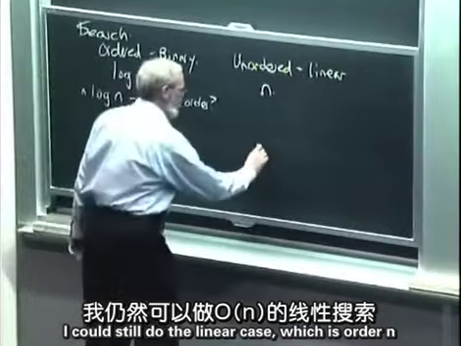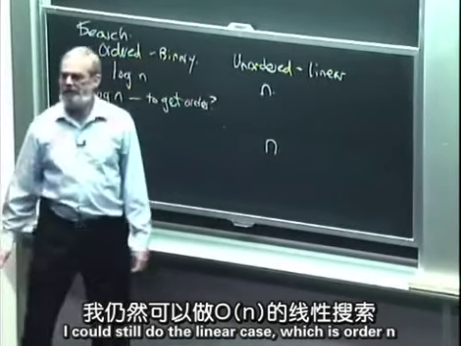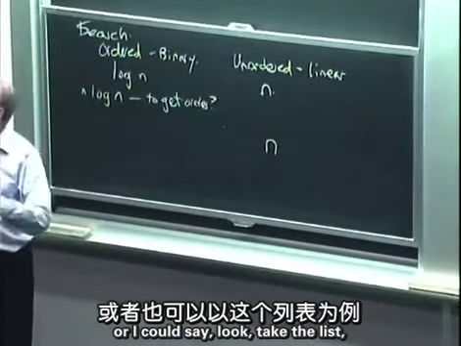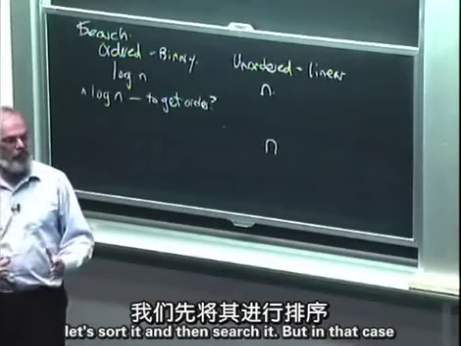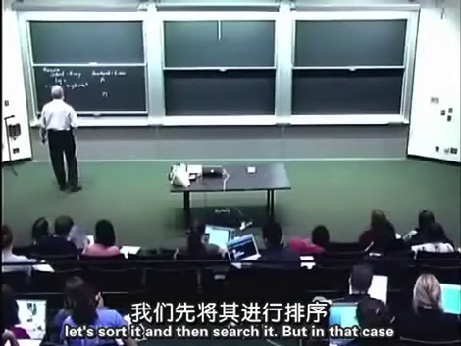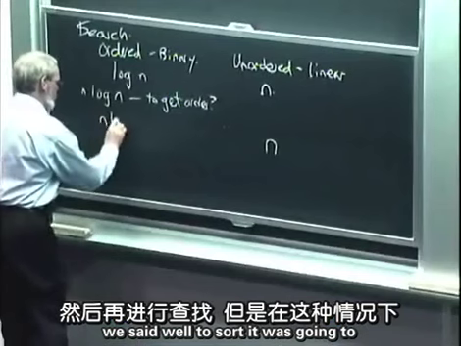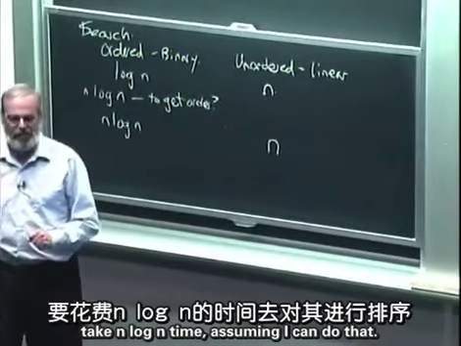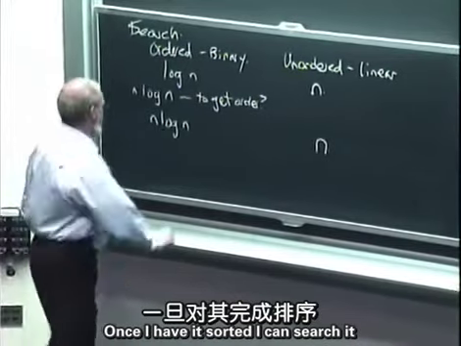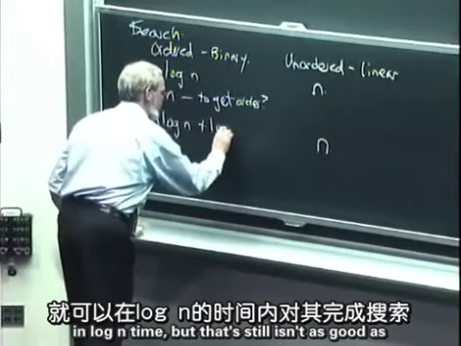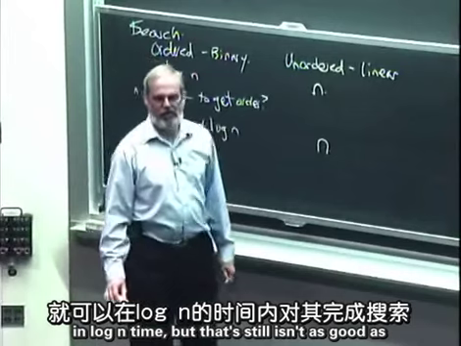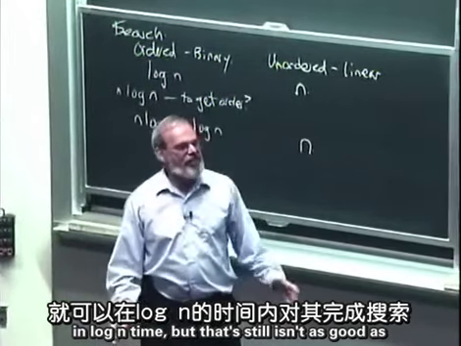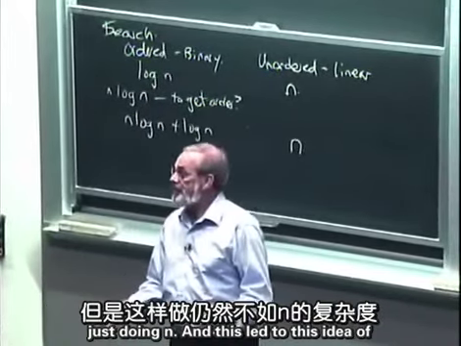I could still do the linear case, which is order n. Or I could say, look, take the list, let's sort it, and then search it. But in that case, sorting was going to take n log n time, assuming I can do that. Once I have it sorted, I can search it in log n time. But that still isn't as good as just doing n.